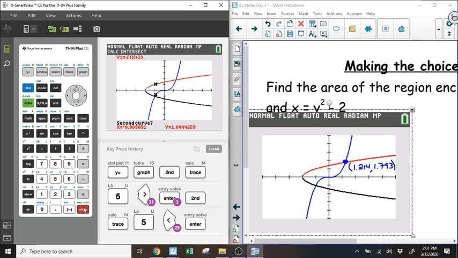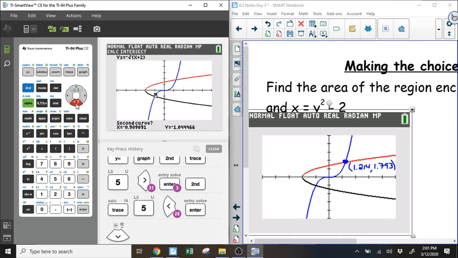But I wanted to find the intersection between the blue and the black, so I just arrow down so it's actually on the black graph. So it's going to find the intersection between those two. Enter again to skip guess. And it tells me they intersect at -1, -1. Okay, any questions, now that we've got those multiple graphs in there, about how I take care of finding that?